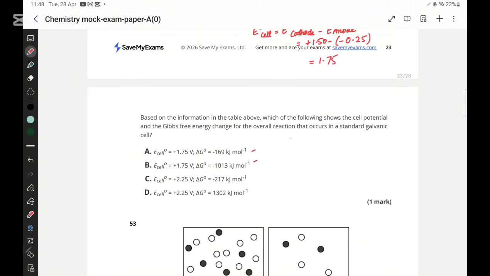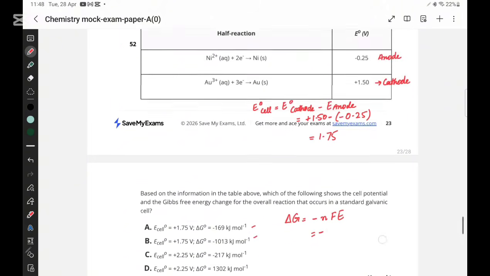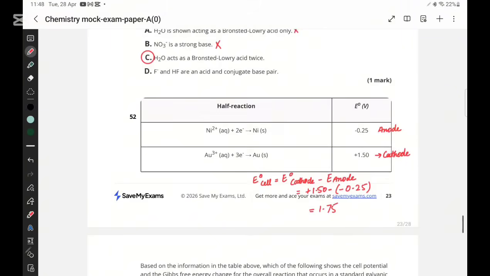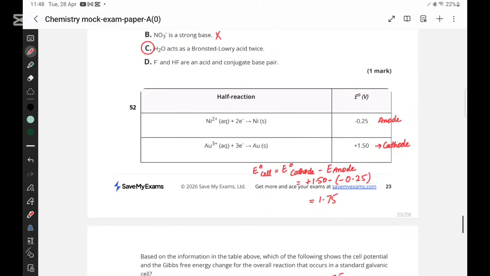Now for delta G, we have to use this formula, minus n F E, and for n we need to first balance the equation. You know, at the anode Ni solid is forming Ni2+, because loss of electron we are going to write on the right hand side, and the gain of electron we are going to write on the left hand side. Au3+ plus 3 electrons forms Au solid.